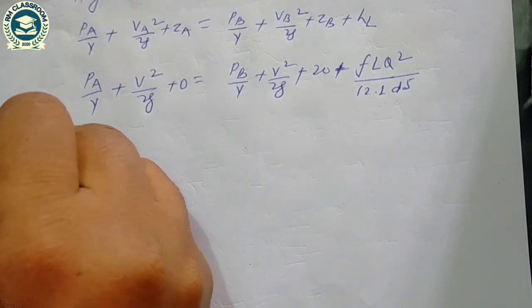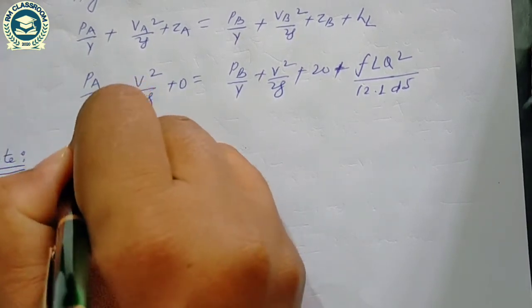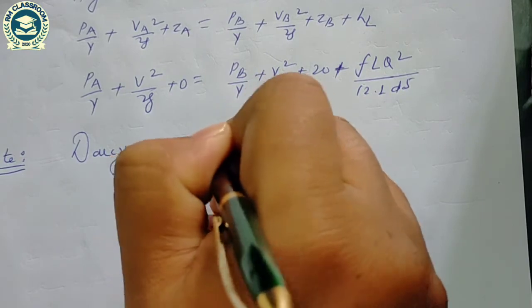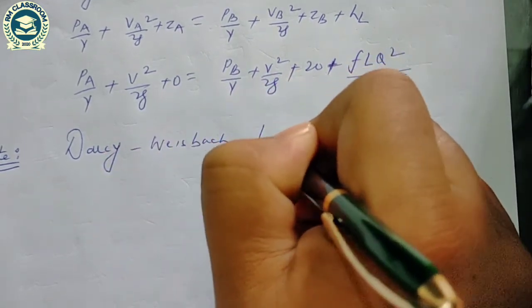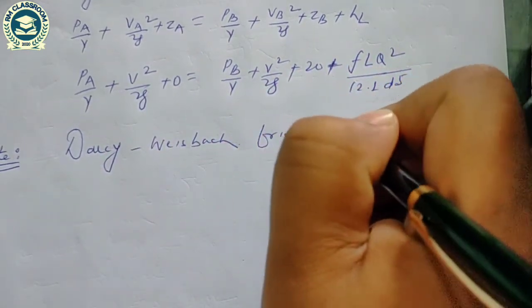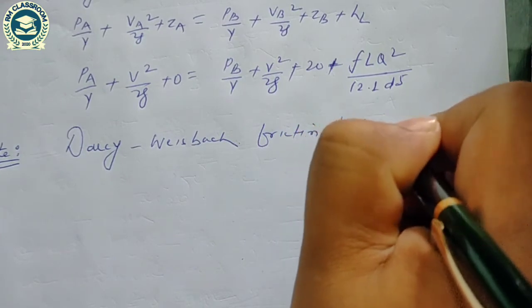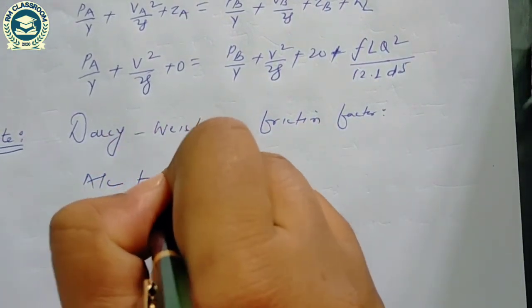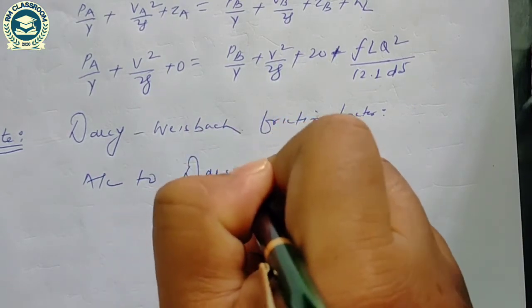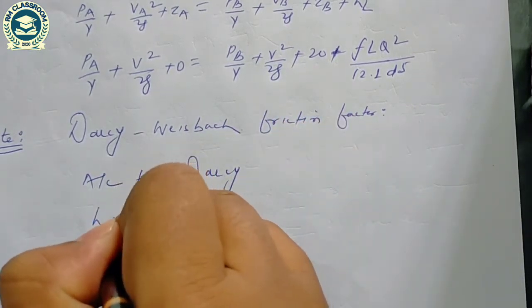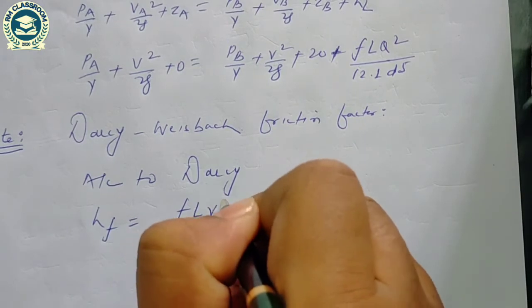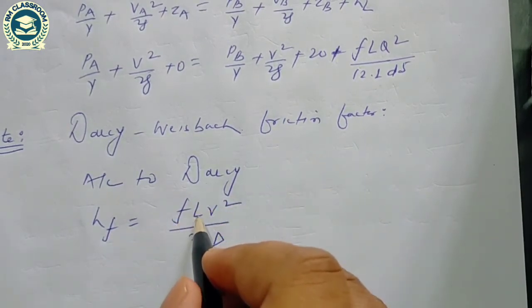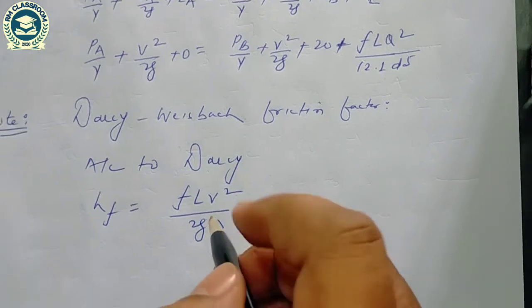Note, Darcy friction factor. According to Darcy, head loss HF is equal to FL V square by 2GD, where F is the friction factor, L is the length, V is the velocity, D is the diameter.